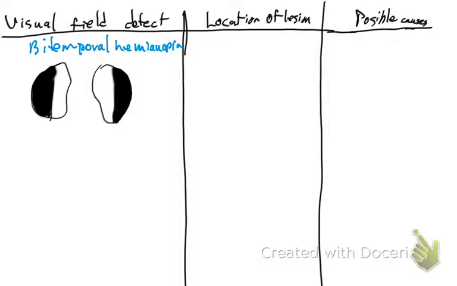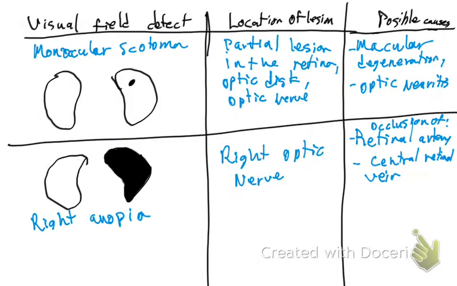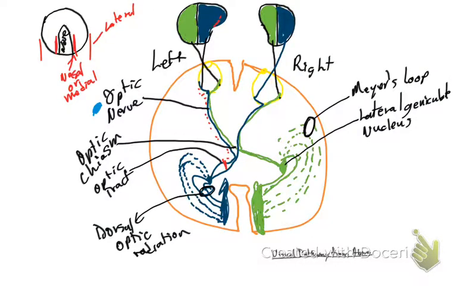And what else can we say about bitemporal? Well, we need to know the location and the possible causes. The lesion in this place is going to be in the optic chiasm. If you remember, we can go here to the picture. The optic chiasm is right here, in the middle.